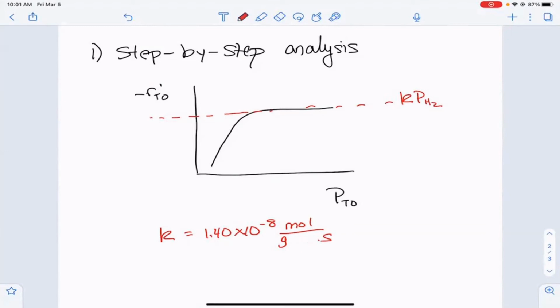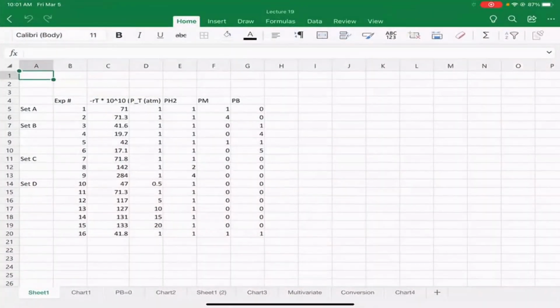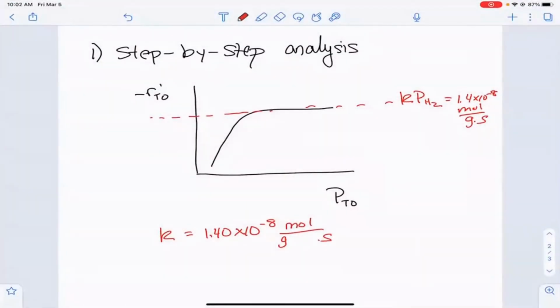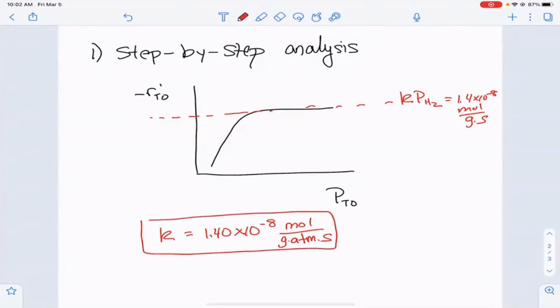The reason is that this is equal to 1.4 times 10 to the minus 8 moles per gram seconds, and then if we divide by the pressure of hydrogen, and for all of the data that we considered previously, the pressure is 1 atmosphere, we end up dividing by 1 atmosphere. That's where atmospheres comes in the rate constant. So just from the value of the asymptote, we have a rate constant: 1.4 times 10 to the minus 8 moles per gram atmosphere seconds.